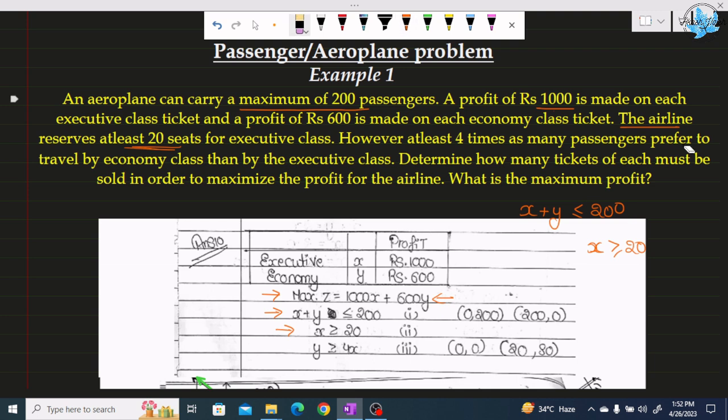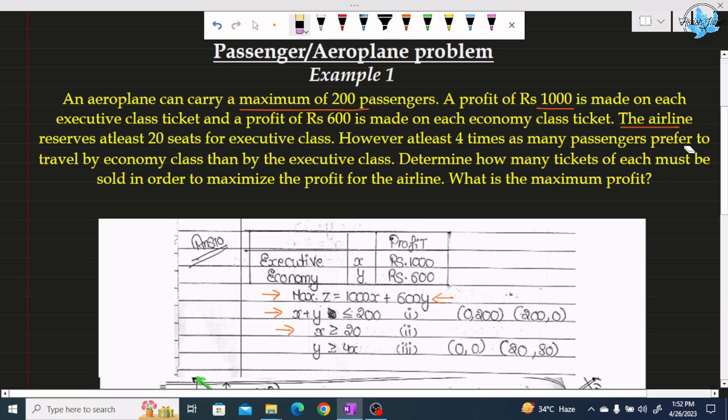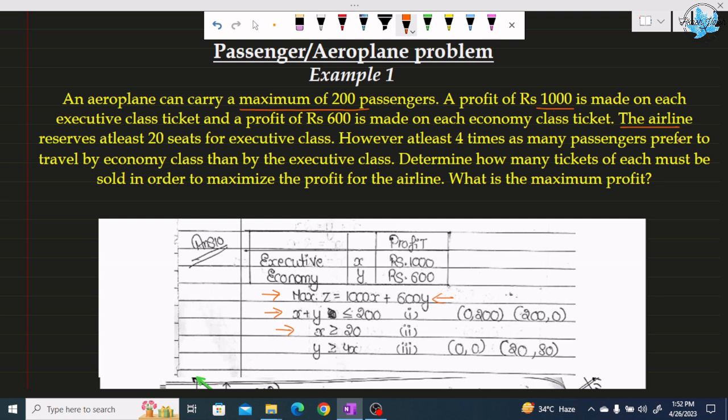Now for the third constraint, it is given that 4 times as many passengers prefer to travel by the economy class rather than by the executive class. There are x passengers of the executive class and y passengers of the economy class. The question is saying 4 times passengers prefer to travel by economy class, meaning people like to go by economy class, and how many times, 4 times the executive class.